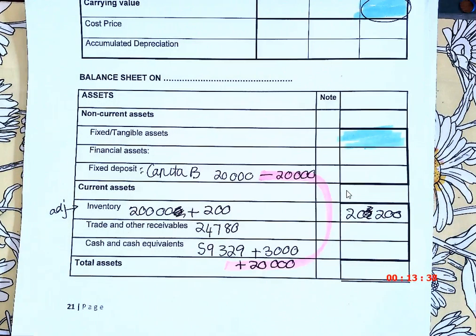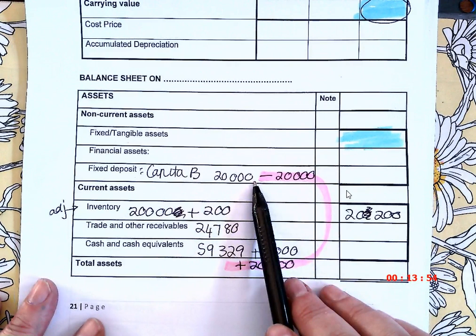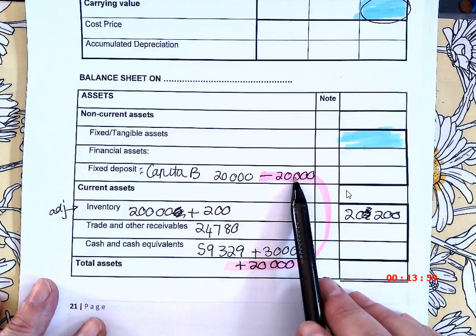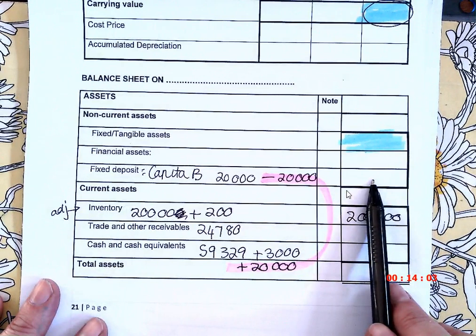Whenever they say it's going to mature next year, or in the next month, or in the next 7 months, you take it out of the fixed deposit and put it into cash. They don't have to say the whole amount matures. If they said 5,000 matures, you would say less 5,000, plus 5,000, and then your fixed deposit would still be 15. Is everybody with me?